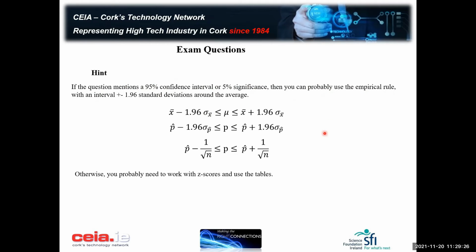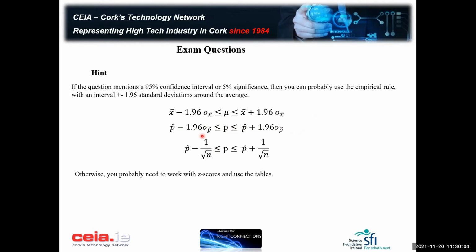The empirical rule being, in the case of sample means, these are the two accurate versions, that you can go 1.96 standard deviations on either side of a mean for mean inferences, or in the case of proportions, it's 1.96 standard deviations on either side of the measured sample proportion.